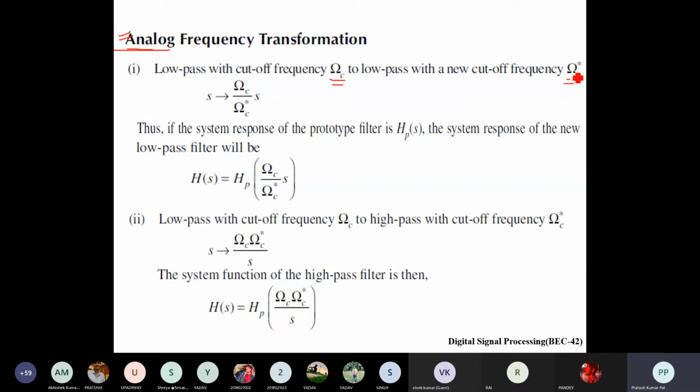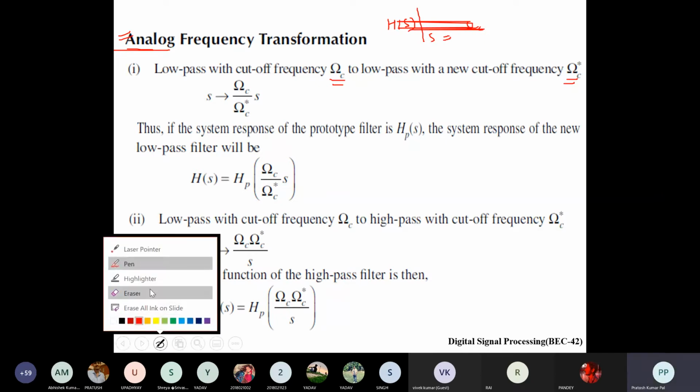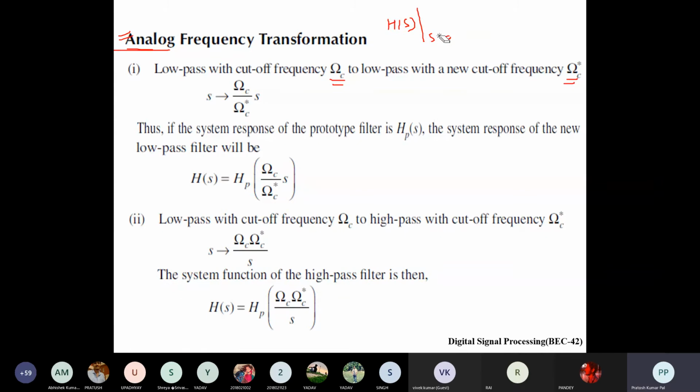Once we know the transfer function of the low pass filter, we replace s with omega c divided by omega c star, into s.